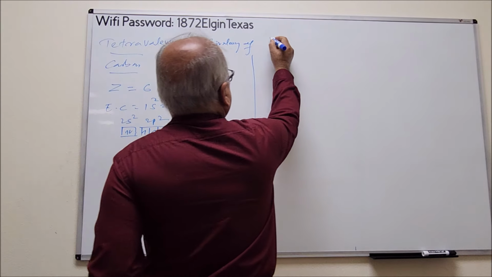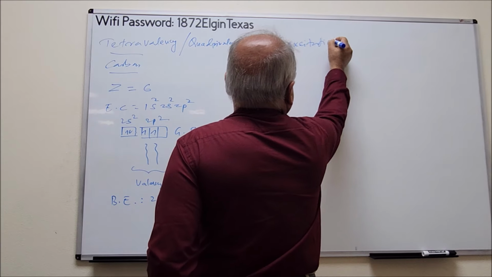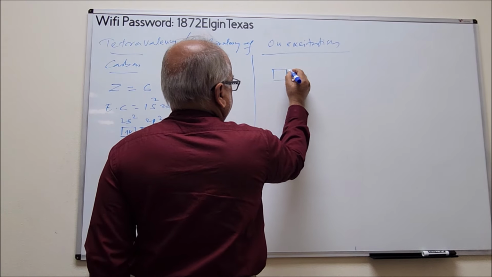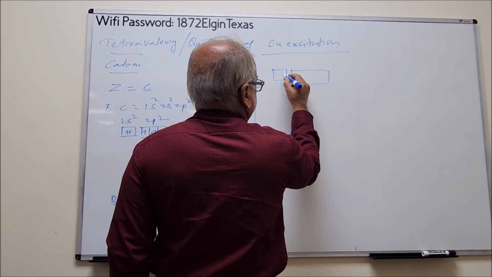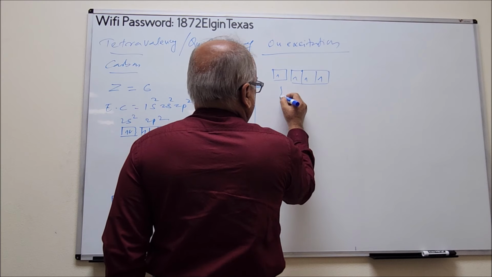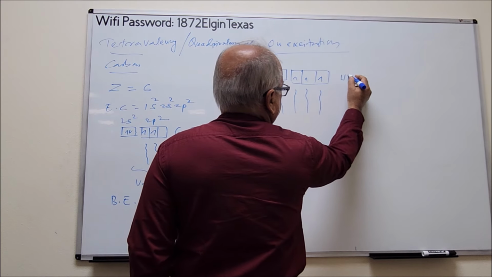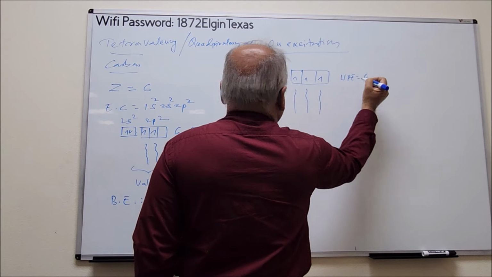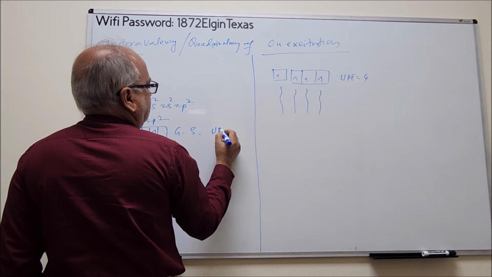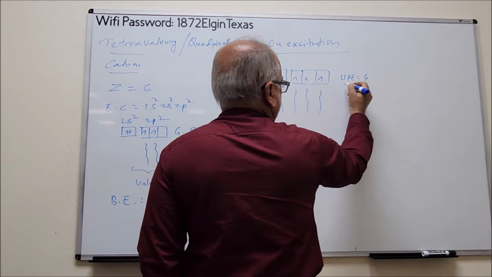So now on excitation, there are 4 unpaired electrons. Here unpaired electrons 2, now 4 unpaired electrons.